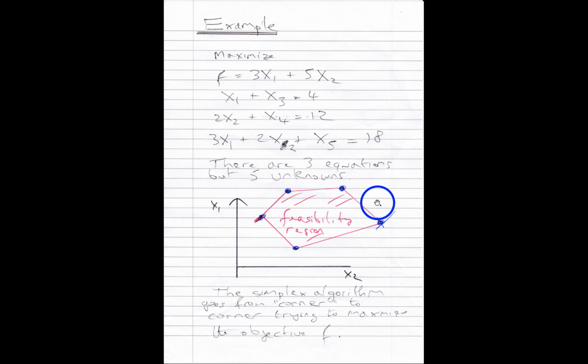From the graphical method of solving linear programming, I motivated the fact that the solutions are going to be at the corners of the feasibility region, or some suitable multi-dimensional generalization. The simplex algorithm, as long as you start at a feasible corner, is going to loop through corners, choosing a new corner that maximizes f. That's what the algorithm is essentially going to do.